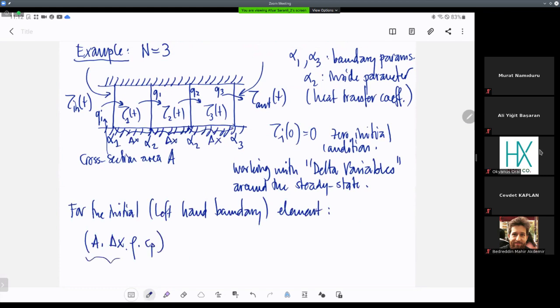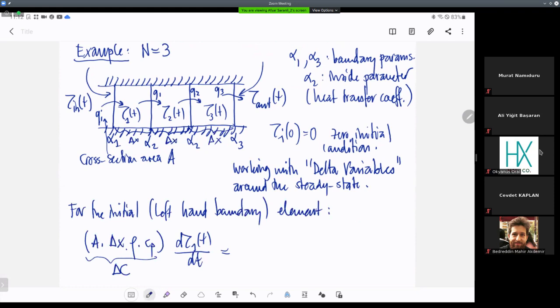We can call this whole thing the heat capacitance, d tau 1 of T over dt. Remember, accumulation has to be equal to the inflow of heat minus the outflow of heat.